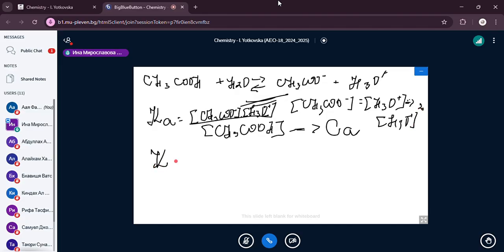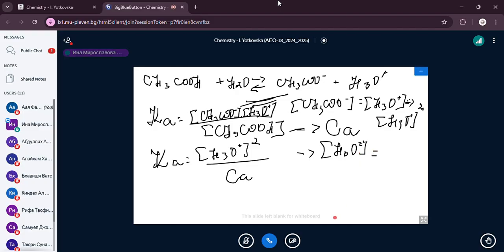What do we obtain? And because we speak about pH, to remove that power 2, we can represent it like this.